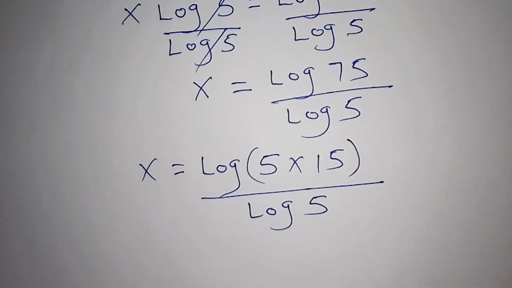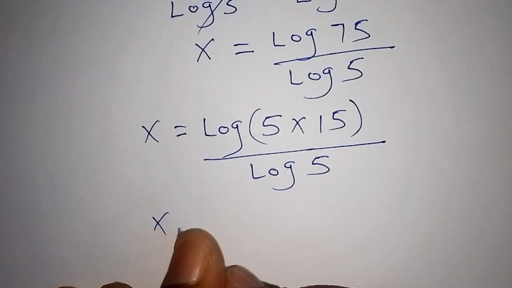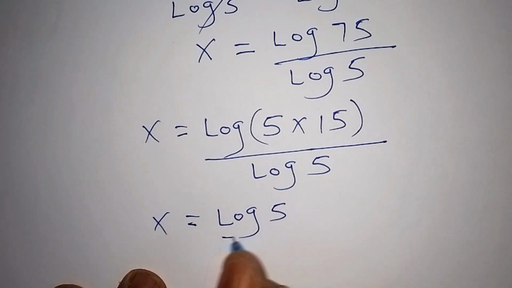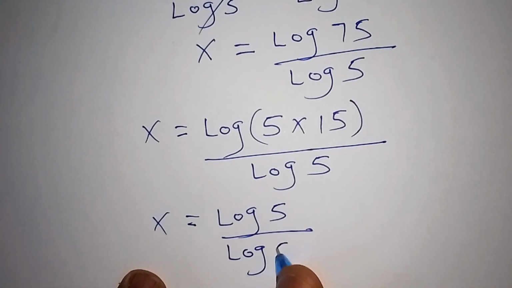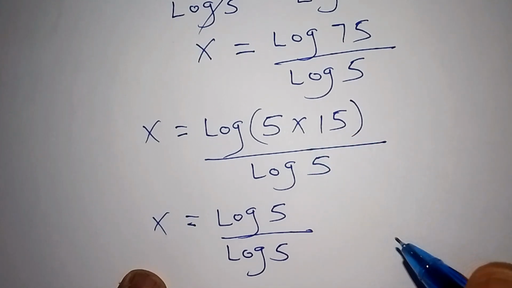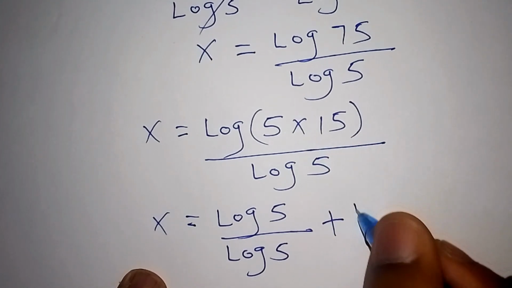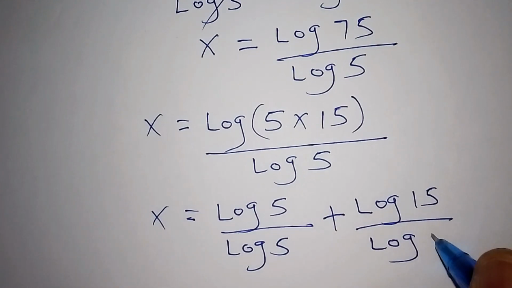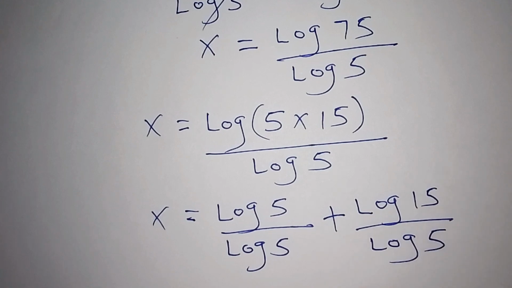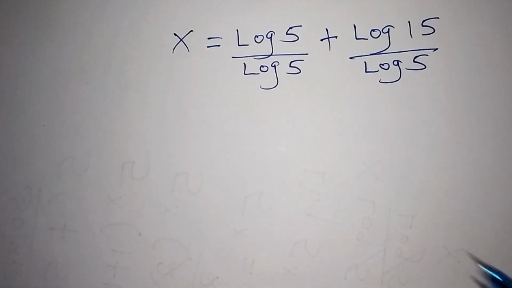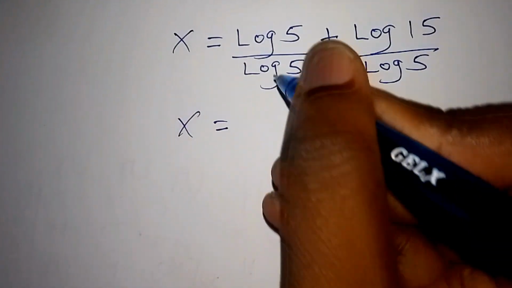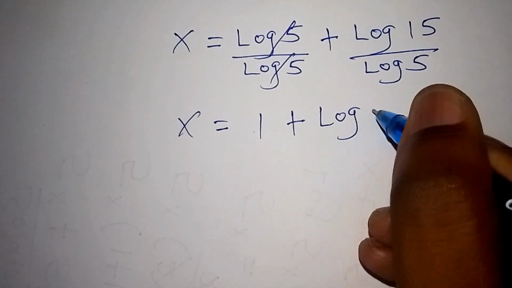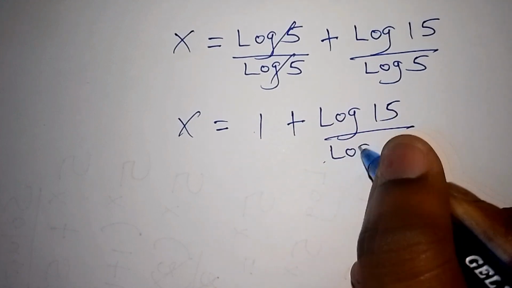We split them and have the log of 5 all over the log of 5, then the multiplication sign changes to addition, the log of 15 all over the log of 5. The log 5 and the log 5 cancel, so we remain with 1 plus the log of 15 all over the log of 5.